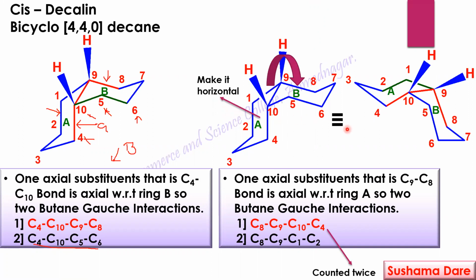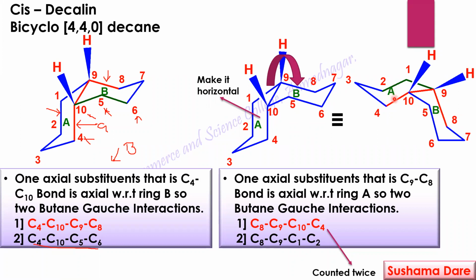So you can see the same structure. I'm not flipping the structure, I'm just rotating it: ring B I am converting into a downward direction and ring A in an upward direction, that's why ring A is horizontal and ring B is vertical.